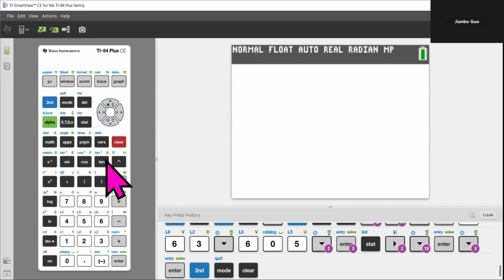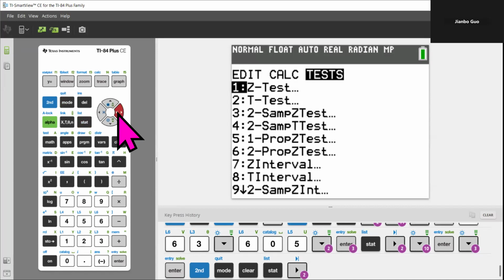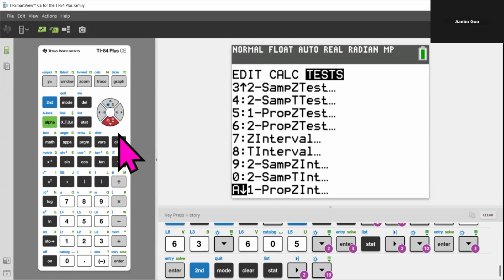We go to STAT first, and then go to the right twice to select TESTS. In the menu of tests, we go all the way down to find 1-PropZInt, which is the letter A here.